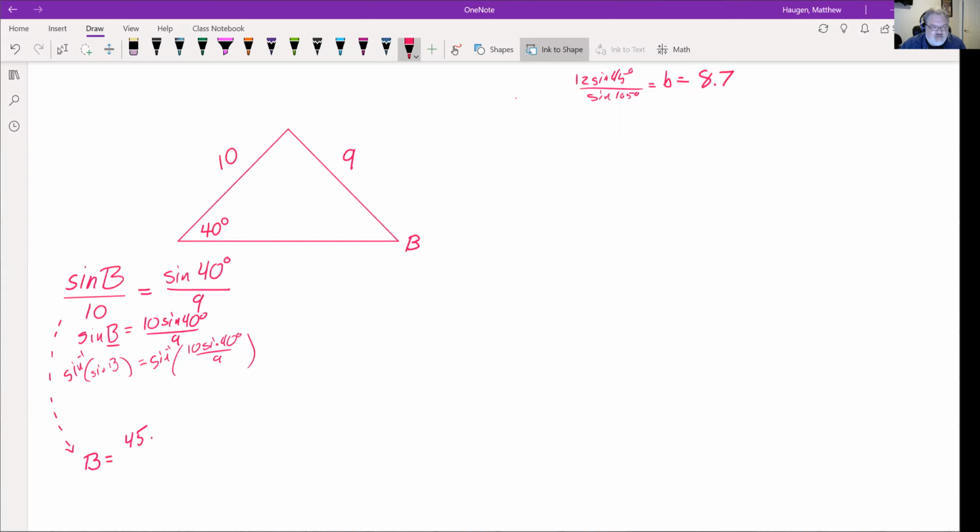It could be 45.6 degrees, but we technically get infinitely many answers. So 45.6, but also another one: 180 minus the 45.6, so it's going to be 134.4 degrees.